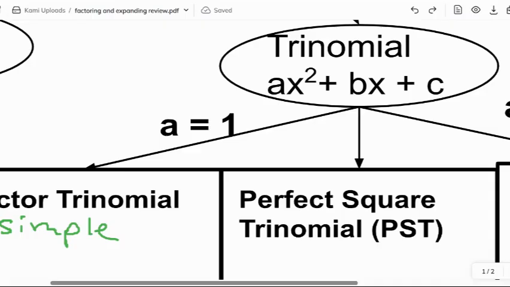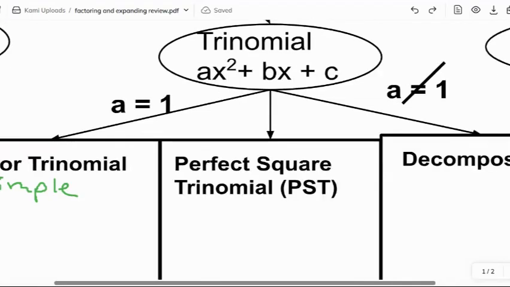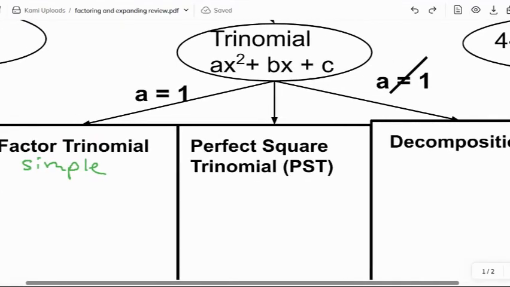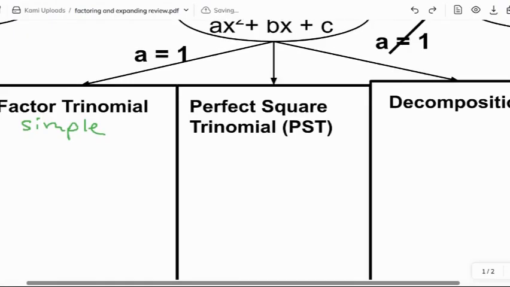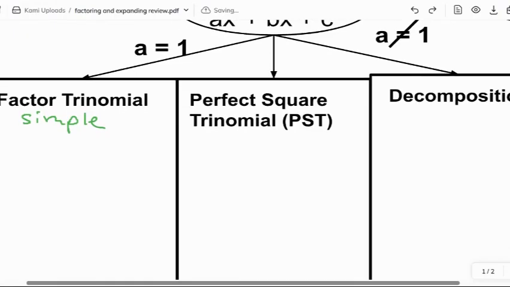You don't have time on the first test to do decomposition. You're going to factor 50 times on the first test. So you just want to be able to factor like this. So it's important that you recognize when to use each of these factoring methods.